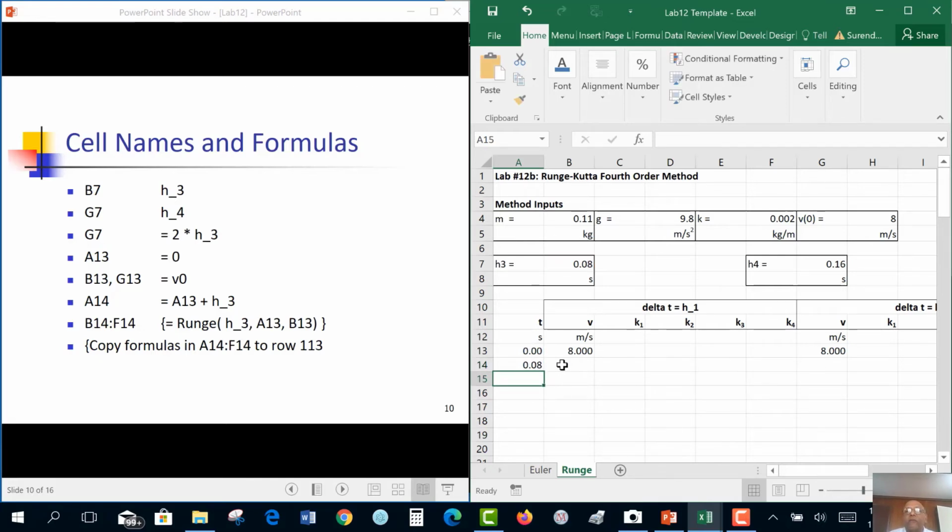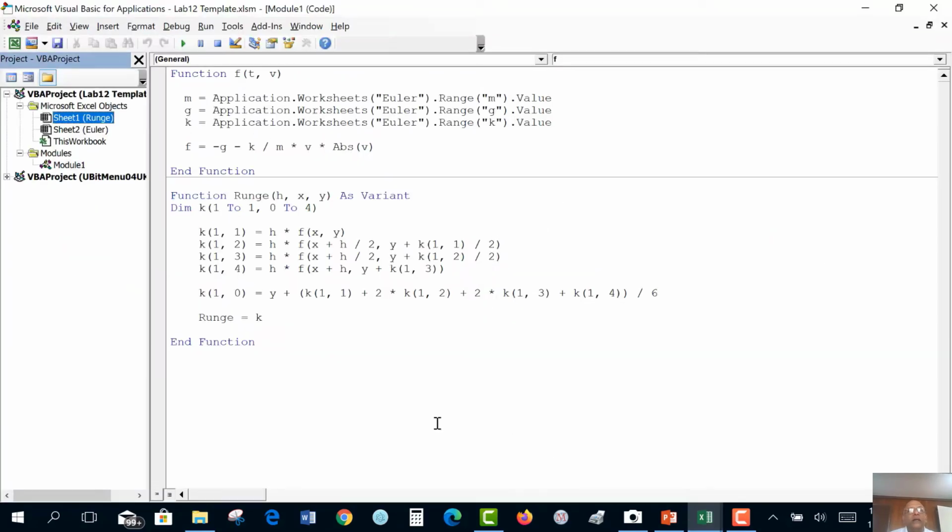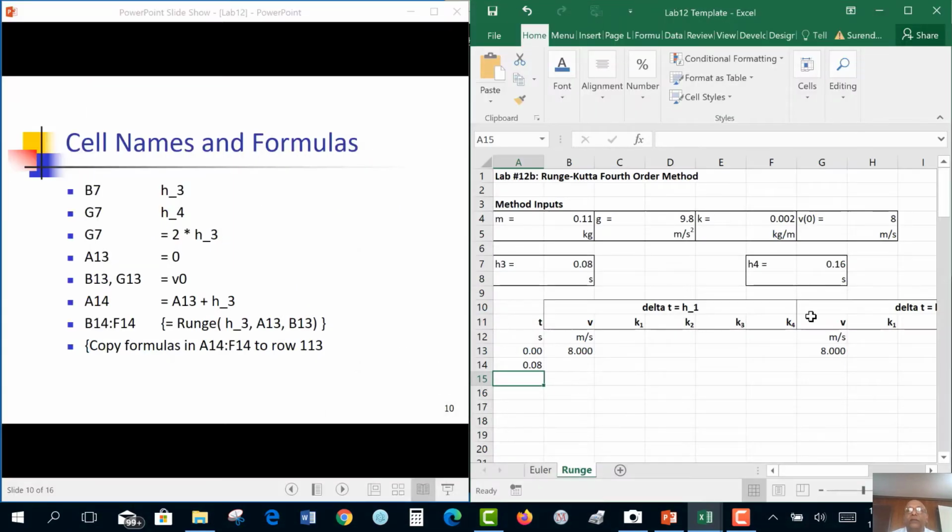And remember our formula, remember this Runge was a vector with 5 values. First value was yi plus 1, and then we had k1, k2, k3, k4. So I'm going to take 5 of these, say equal to Runge.